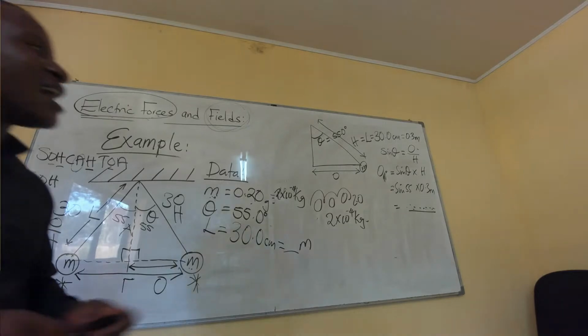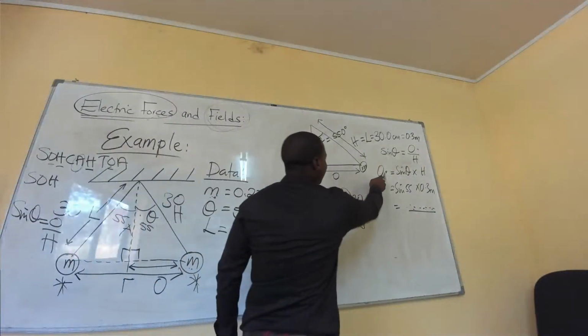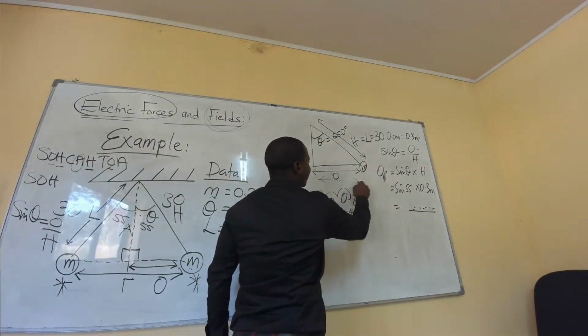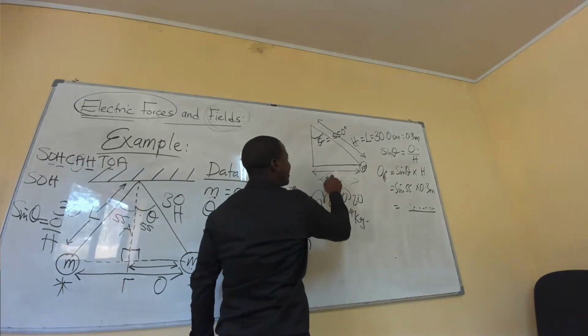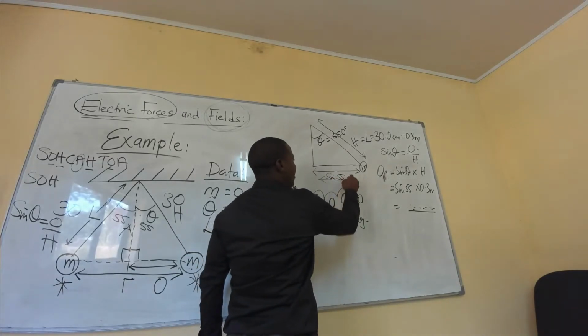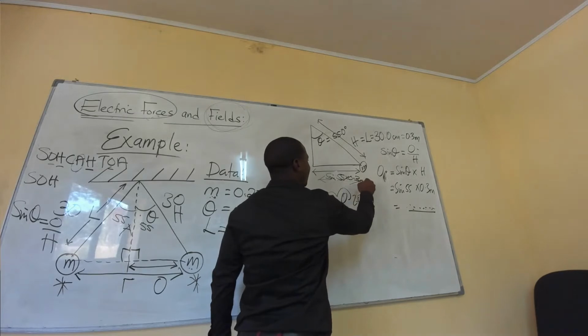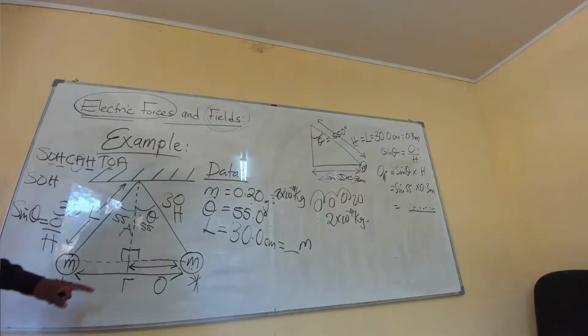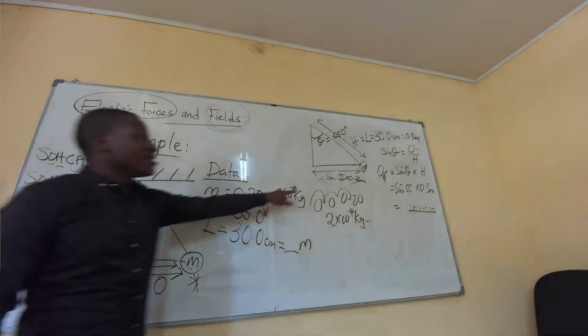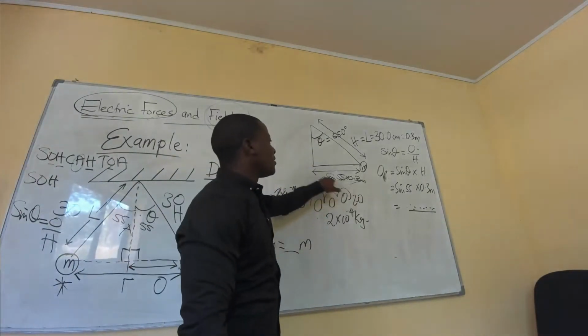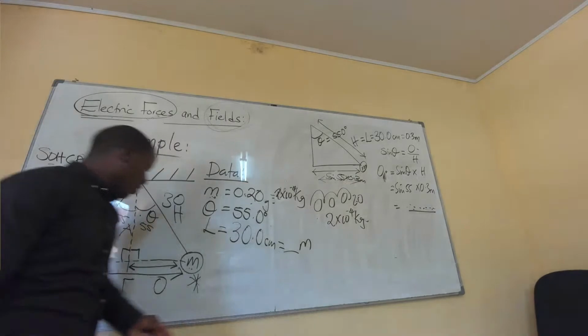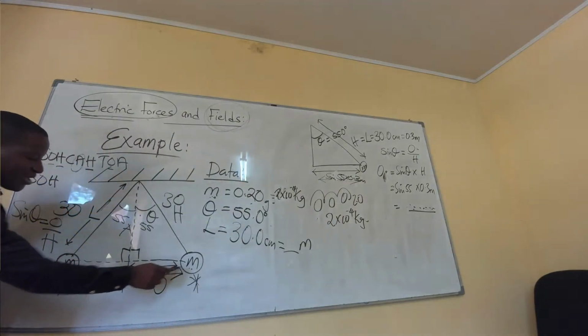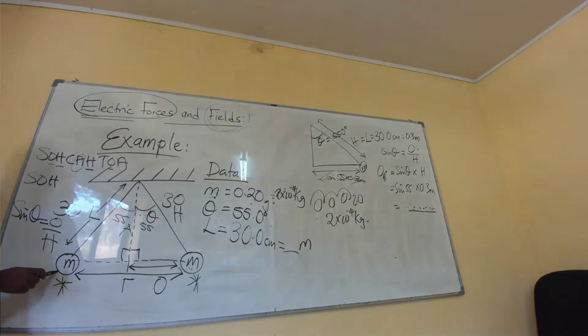So after you found this distance, which of course is sine of 55 multiplied by 0.3 meters, you have your distance. It means that when you get back to your diagram, this is just half. So multiplied by 2, you get the distance from here up to there.